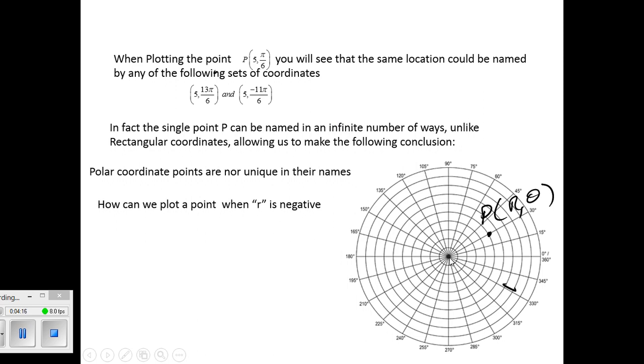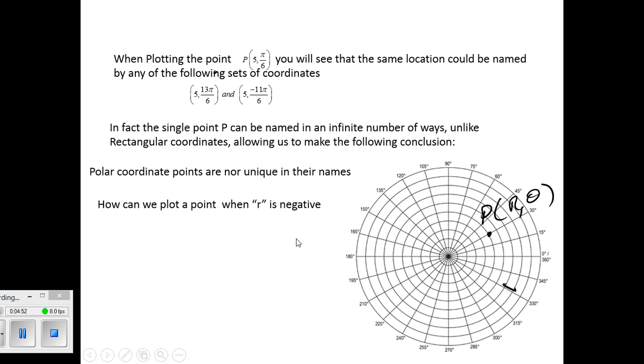A sweep of pi over 6 lands us right here at 30 degrees, but it could also be 1 full revolution and pi over 6, so 13 pi over 6 likewise names that point. Or perhaps I could do a swing in the clockwise direction, with a negative angle of rotation, naming that as 6, negative 11 pi over 6. And indeed, there are infinitely many more ways in which we could name that point.